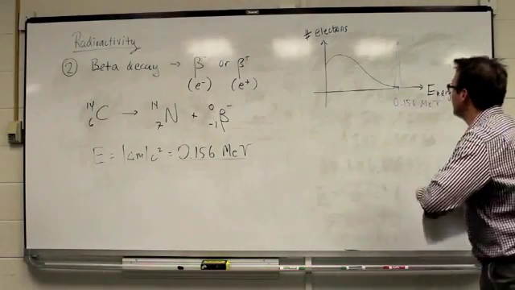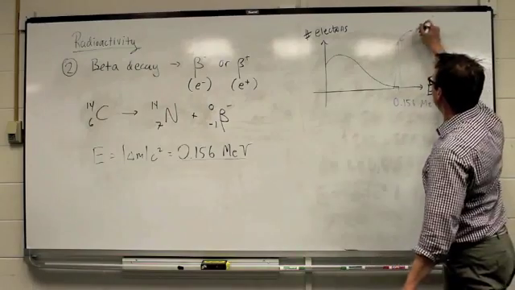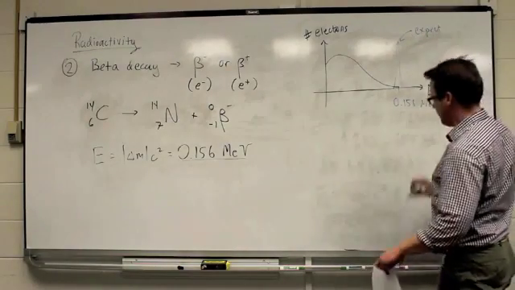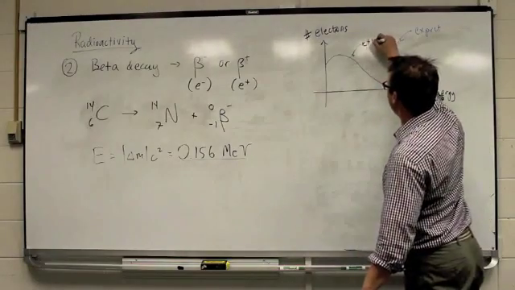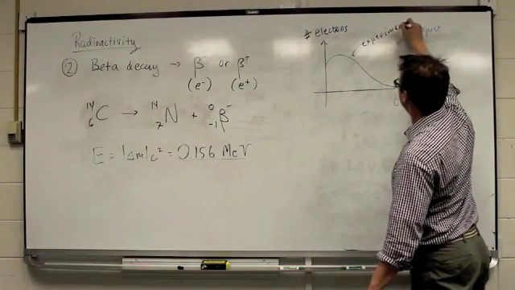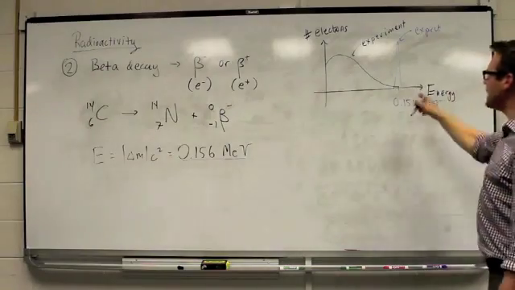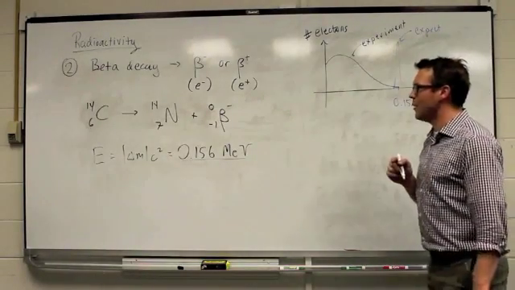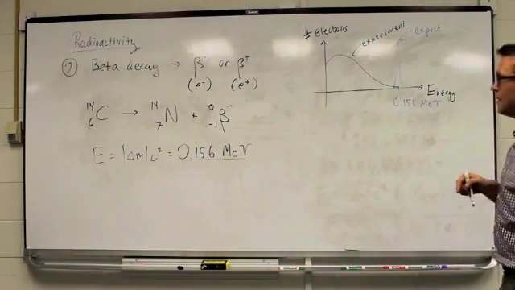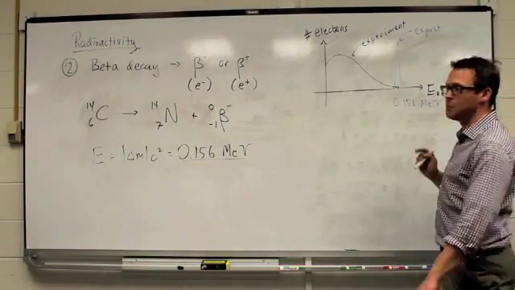Right? So this is what you would expect, and this is what experiment shows. So this was actually a very surprising result, that we didn't have these monoenergetic electrons coming out of carbon-14, and instead you found this spread.